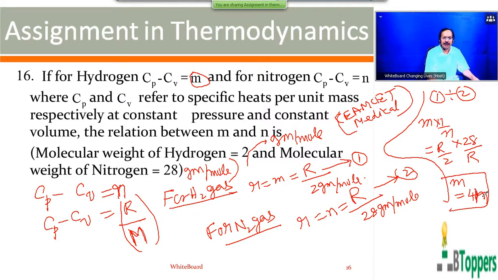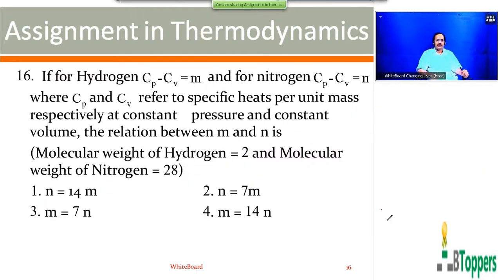If you want to copy the working, you can take a pause and copy this working. You get small m is equal to 14 times small n. So for question number 16, which I have just discussed, the fourth option will be the answer.